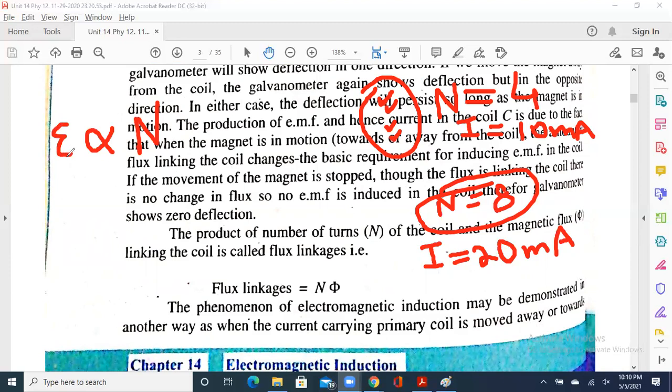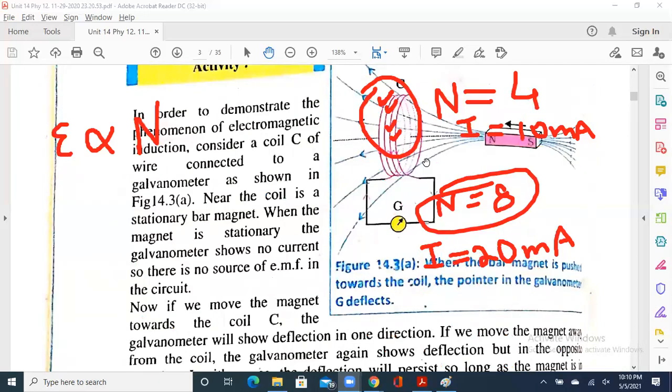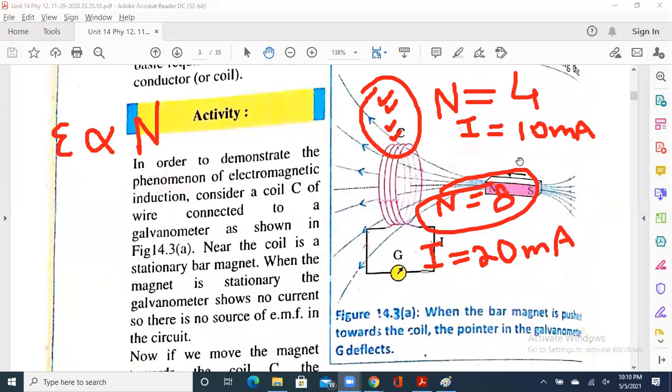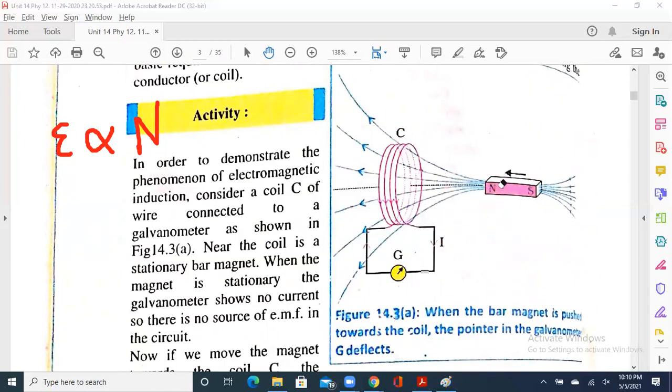Now, this is not the only thing. Only the number of turns are not mattering in this situation. The other thing also involved is the magnet. How is the magnet involved in this situation? If the magnet is weak, then less EMF or less current is produced.